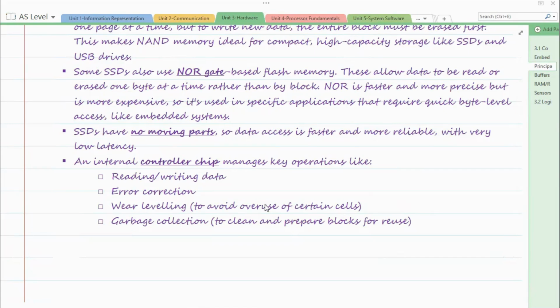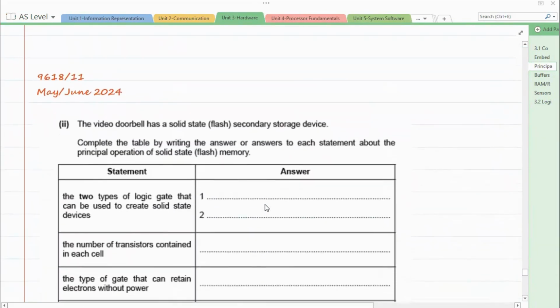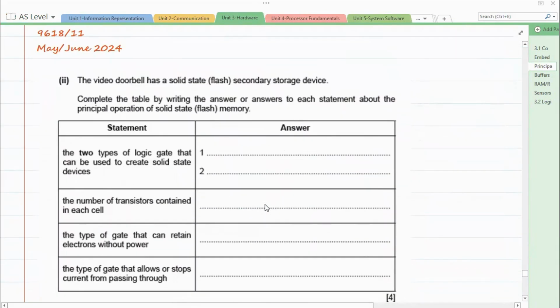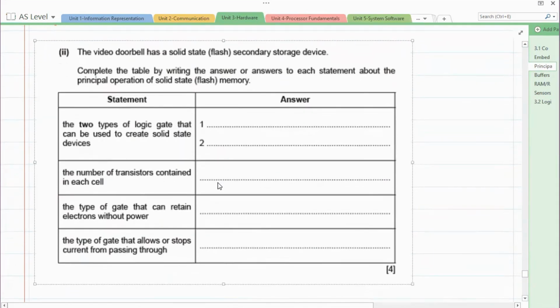Now, let's have a look at an exam style question. I have picked this question from May June 2024, paper component 1-1. The question is: the video doorbell has a solid state flash secondary storage device.